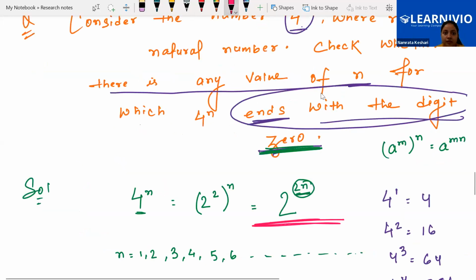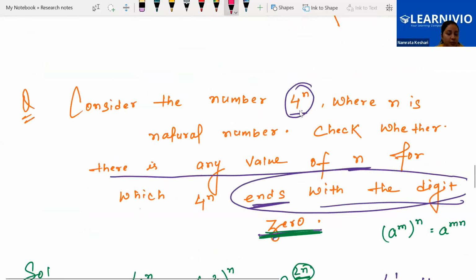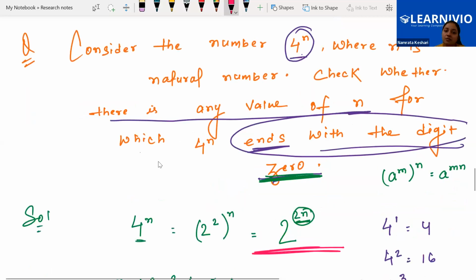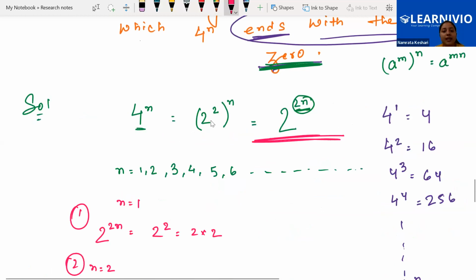Okay. Consider the number 4 to the power n, where n is a natural number. Check whether there is any value for n for which 4 to the power n ends with the digit 0. We are saying that 4 to the power n can be written as 2 to the power 2 and then power n. By applying the law of exponent, it can be written as 2 to the power 2n.